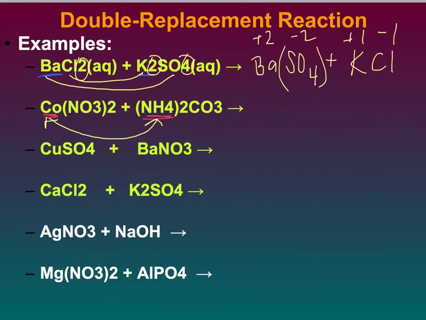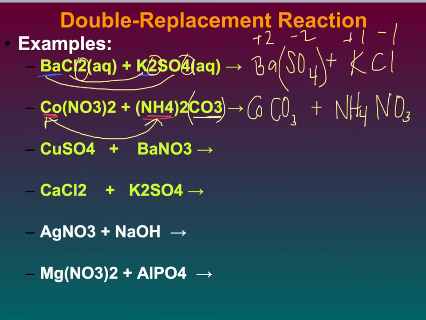So cobalt, Co, is now going to join with CO3, and NH4 is now going to join with NO3. Notice the 3 stays with carbonate, just like the 3 stays with NO3.